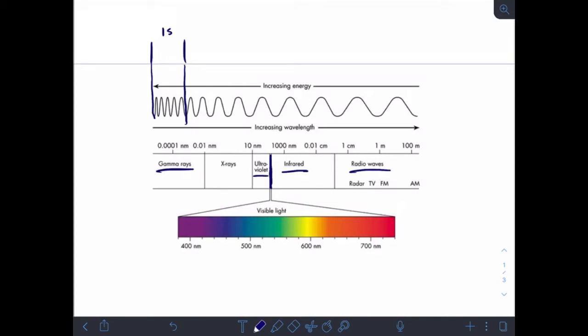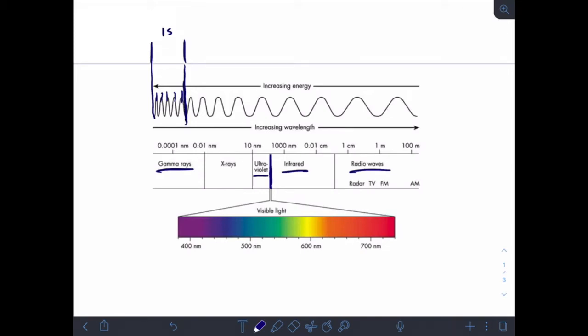If that light is moving forward at a constant speed, then I get all these peaks in 1 second. So that's the idea of frequency: how many peaks will hit the wall of that box in a given time.